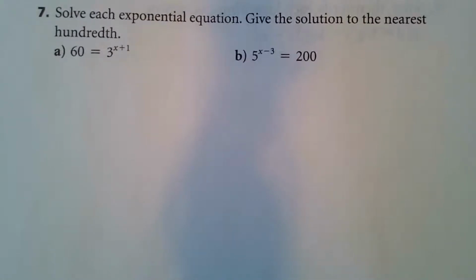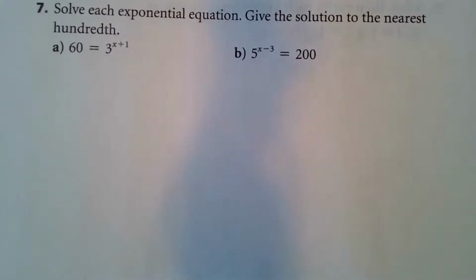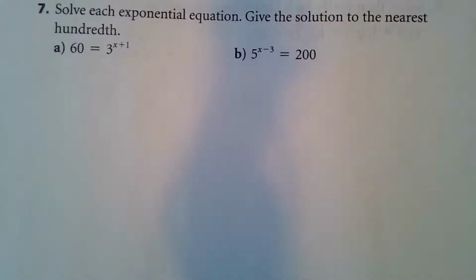Now here we are asked to solve this exponential equation, giving the solution to the nearest hundredth. In this case, we will also be applying the change of base formula. First step, we convert this into a log. The next step, solve for x and change of base.